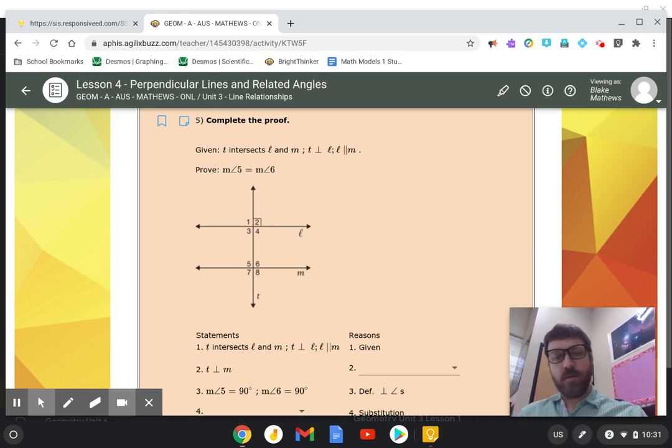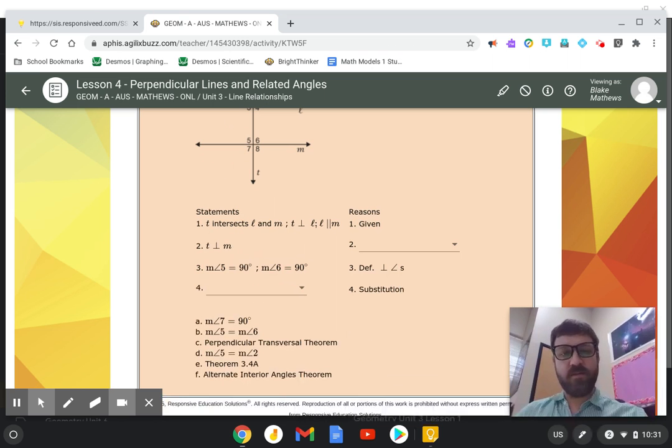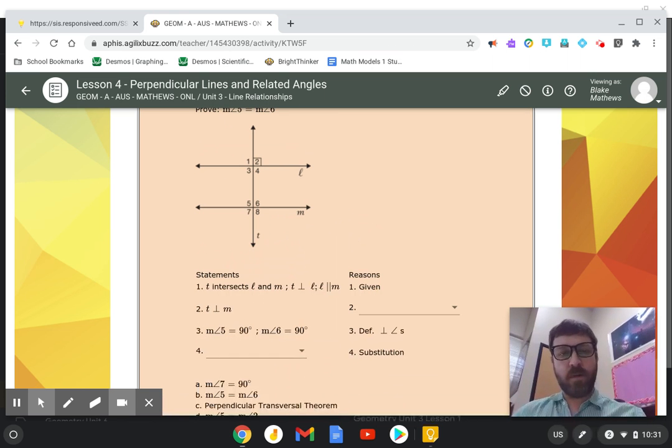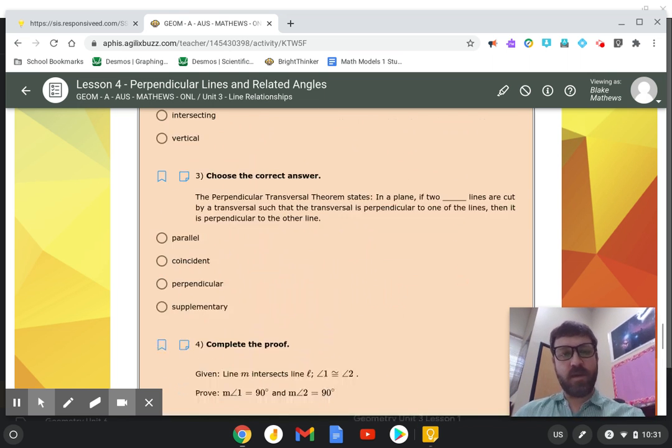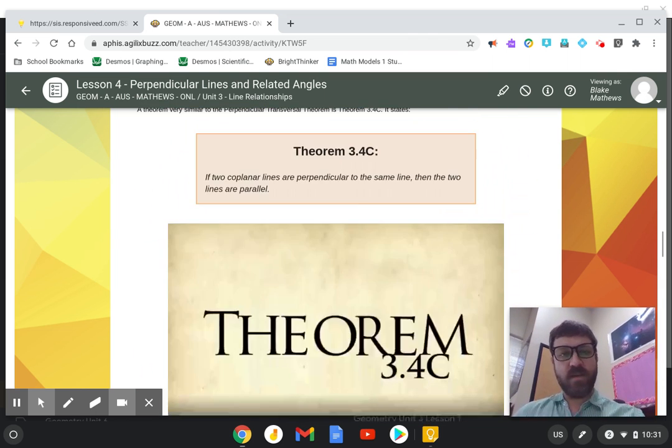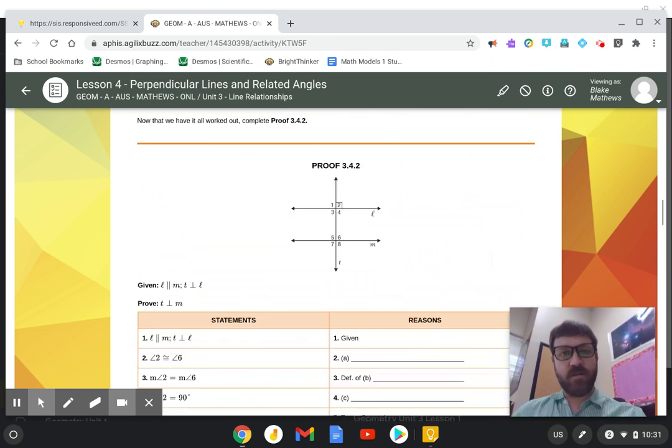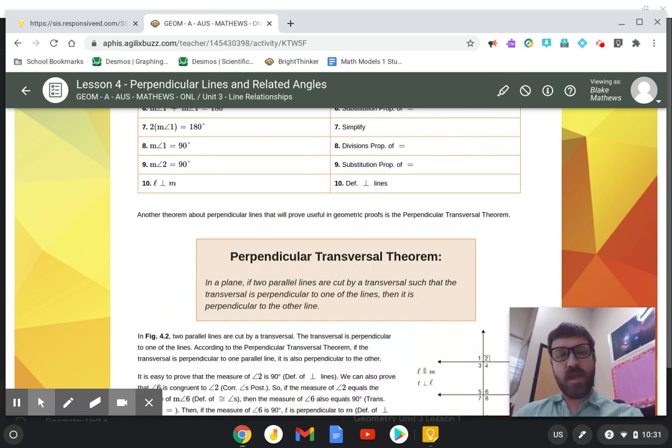So here we go. We have our givens in statement number 1. Then it says T is perpendicular to M, and that's going to be one of our theorems from our lesson. Well, the perpendicular transversal theorem, if we go back up here, says, in a plane, if two parallel lines are cut by a transversal such that the transversal is perpendicular to one of the lines, then it is also perpendicular to the other line.